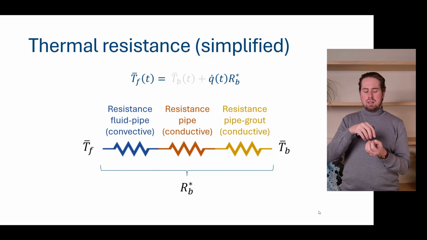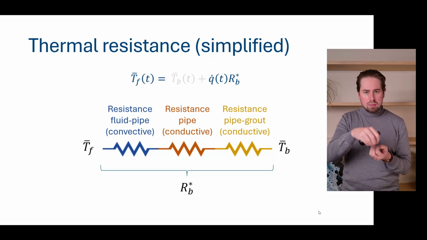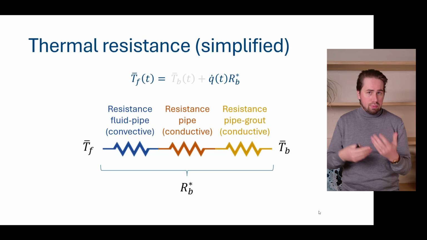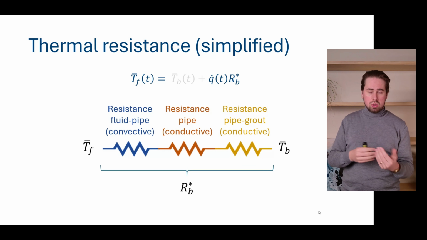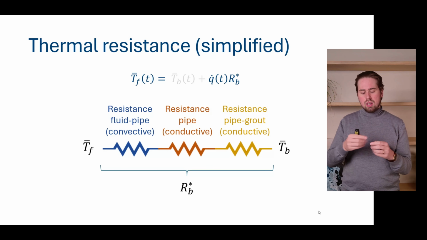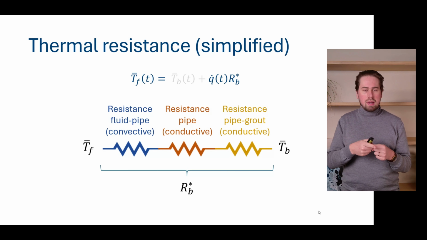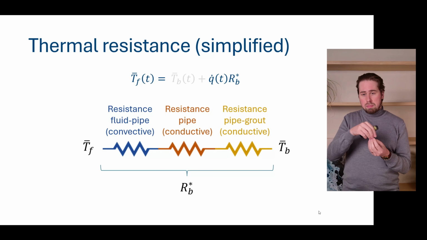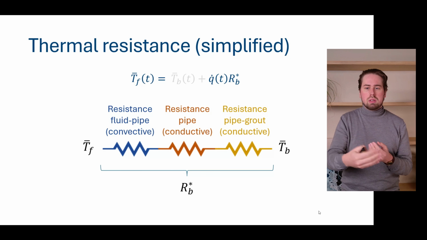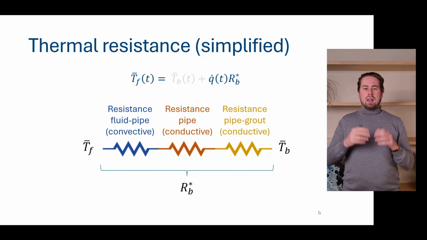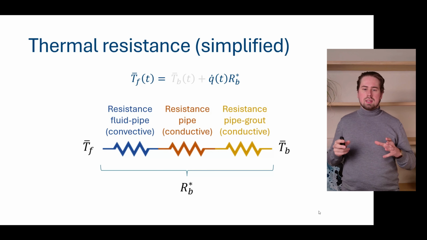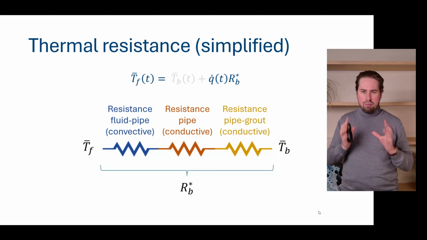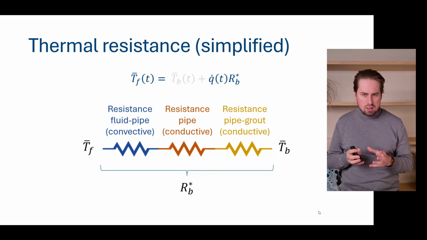First it needs to pass from our fluid to our pipe, which is a convective heat transfer. It's from a fluid to a solid, so it's convective. Then it needs to pass through the pipe, and then from the pipe through the grouting material to the borehole wall. And these three different resistances make up the effective borehole thermal resistance.